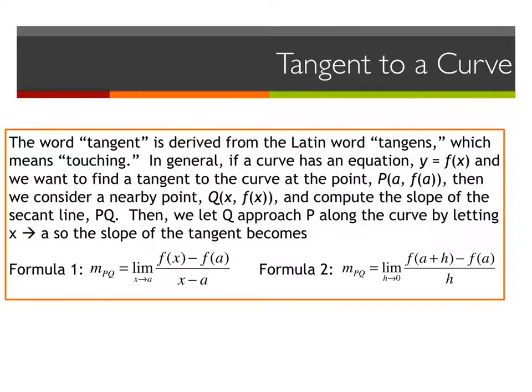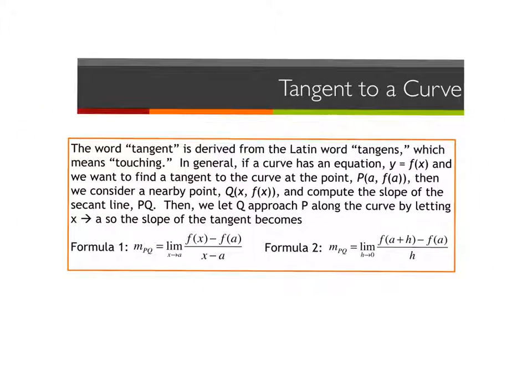Okay, so this is a little bit about the tangent. The word tangent is derived from the Latin word tangens. I'm sure you're all very interested in that. It means touching. So in general, if a curve has an equation y equals f of x, and we want to find a tangent to the curve at a point P, (a, f of a), just to be clear, a is the x value, f of a is the y value, then we consider a nearby point Q, (x, f of x), and compute the slope of the secant line PQ.